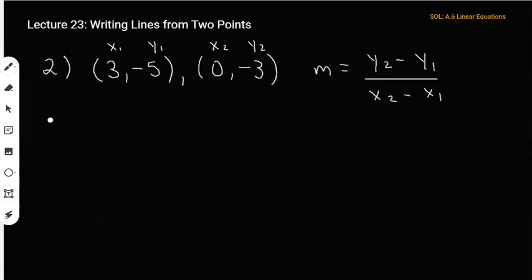So what that's going to look like is it's going to be -3 minus -5 on top. And then on the bottom, I'm subtracting the x's, so I'm going to have 0 minus 3.